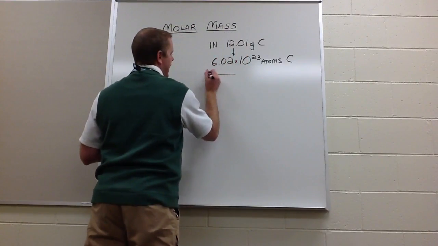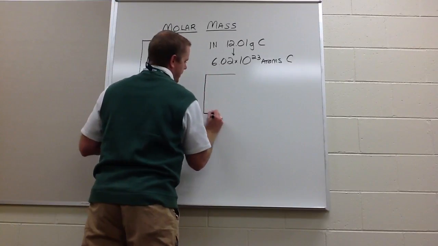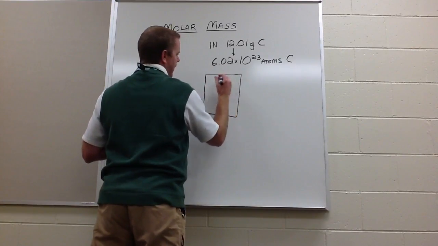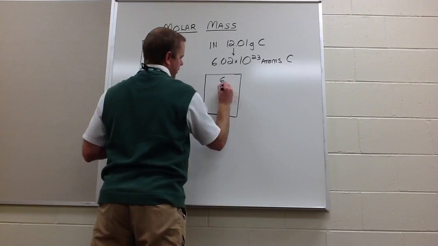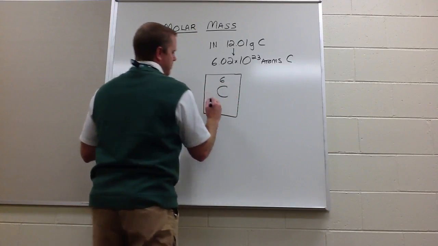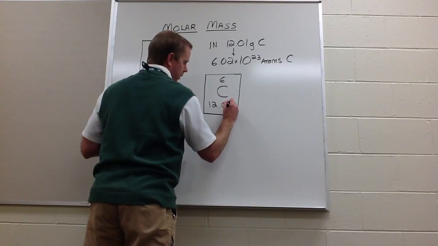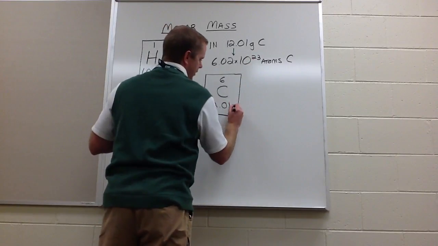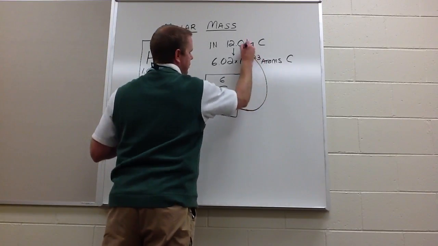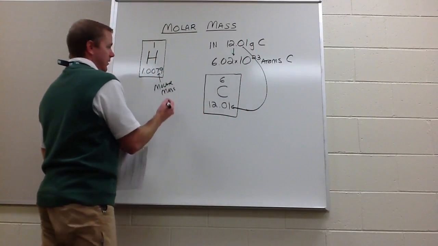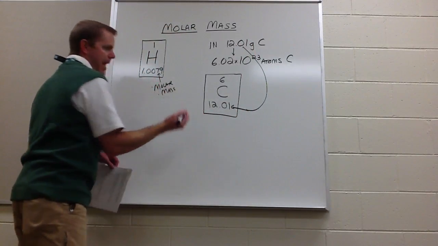So it's not a surprise when you go to the periodic table and find element number 6, which is carbon, its number underneath it is 12.01. Again, this is the mass of a mole, thus the term molar mass.